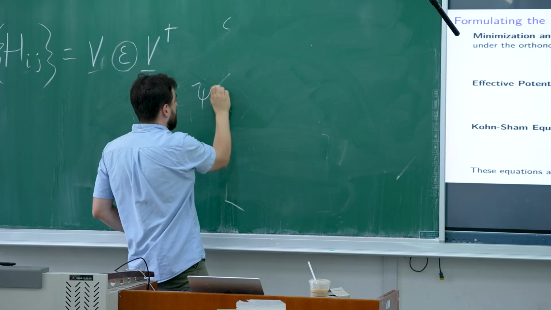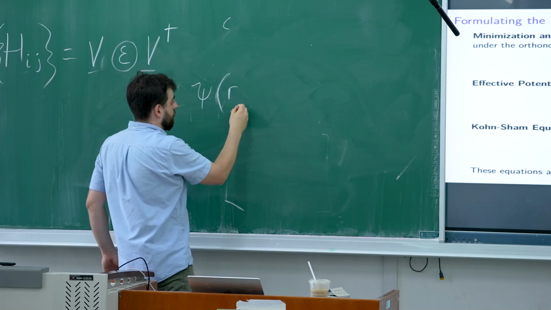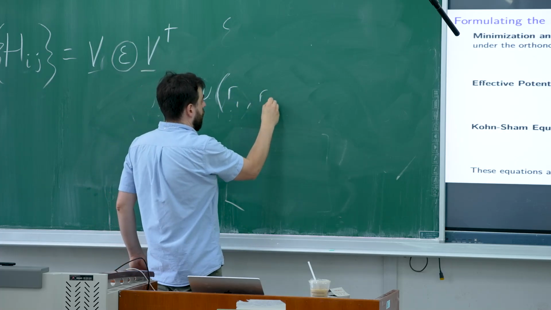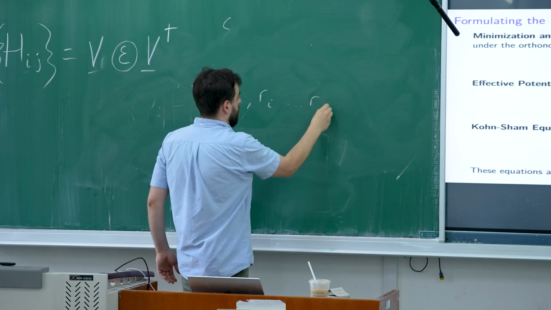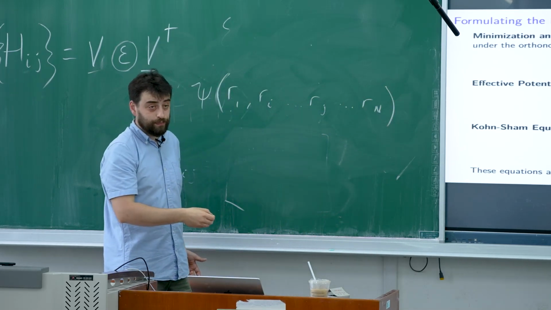So if we say our wave function has indices R1, Ri, Rj, Rn, this is a many-body wave function.